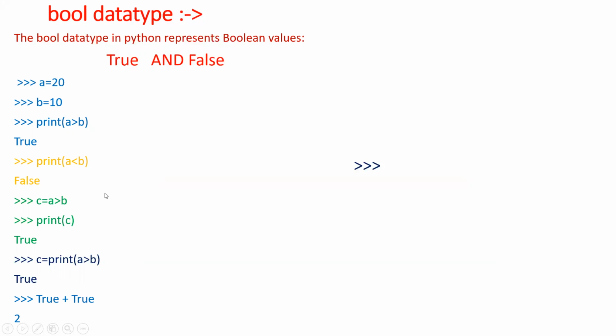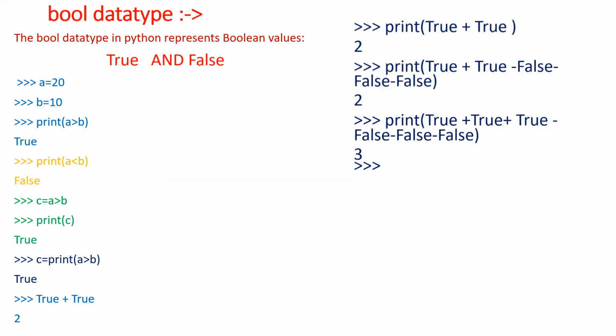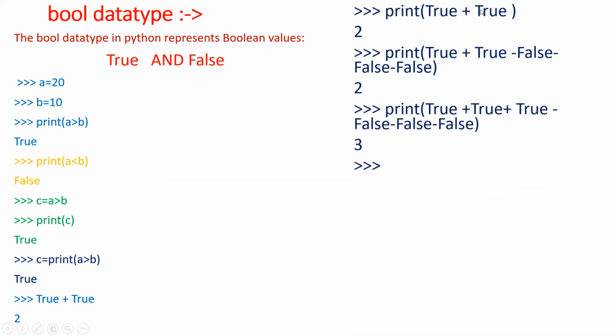At that time, it definitely takes the corresponding integer data, 1 for True and 0 for False. Got my point? Once again, in this print statement I'm supplying the previous expression, True plus True. Still we are getting the same result, 2.